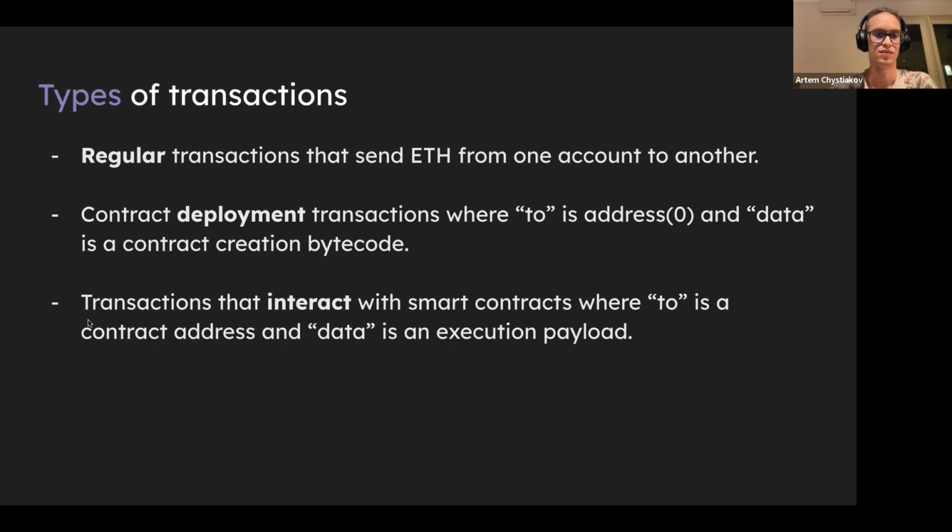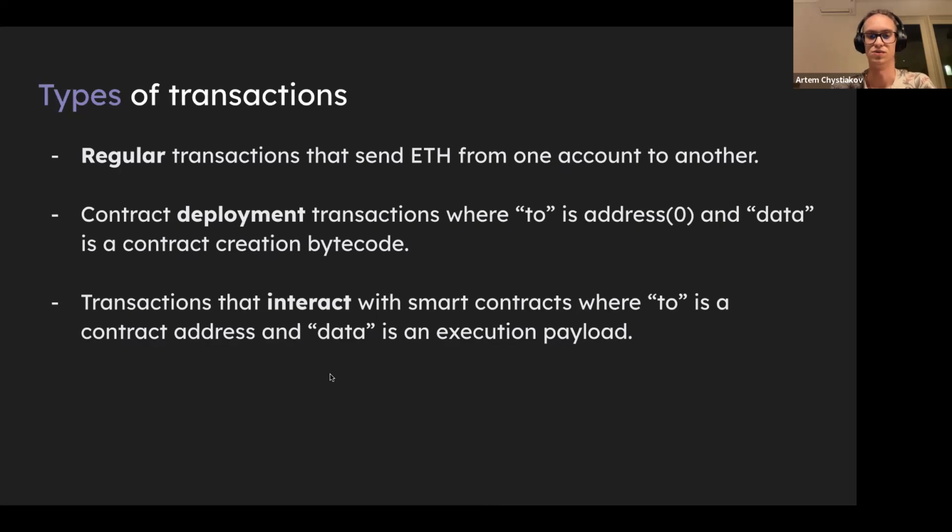And the third type is when the contract is already present on the blockchain, and you can specify the smart contract address in the to parameter and supply the data field with the execution payload.